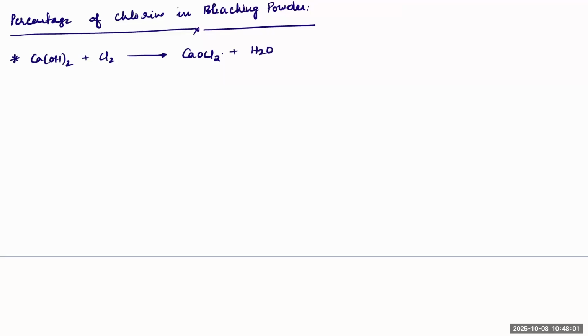And if you keep it for long standing, then CaOCl2 will get decomposed also. So you can see decomposition happens this way. It will convert into CaCl2 and Ca(ClO3)2.